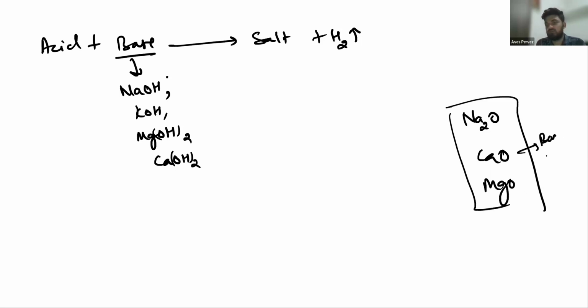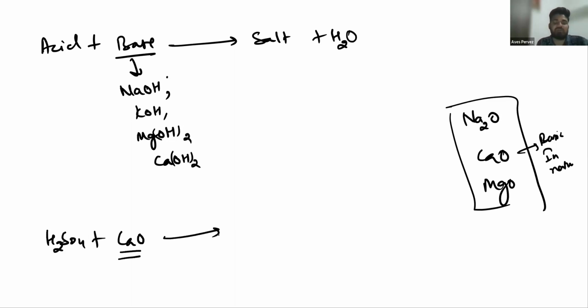So acid plus base gives salt plus water, right? Instead of proper base, metal oxide also acts as base. Acids like H2SO4 when reacting with calcium oxide form calcium sulfate plus water, since metal oxides are also basic in nature.